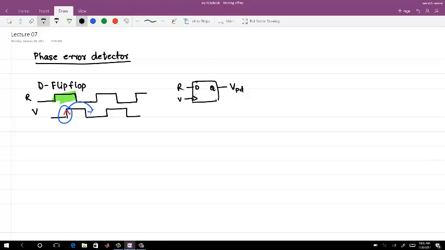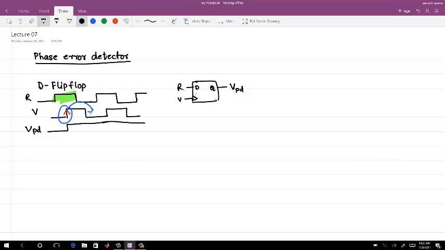So if I just say VPD, this will be high here, and in this case it will all remain high because the things do not change.